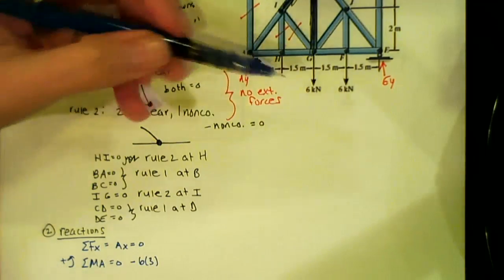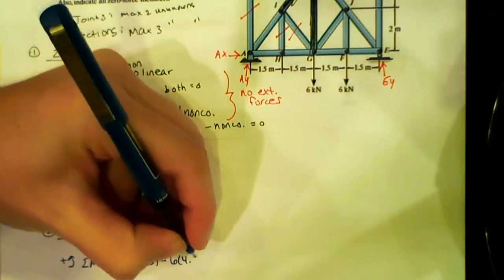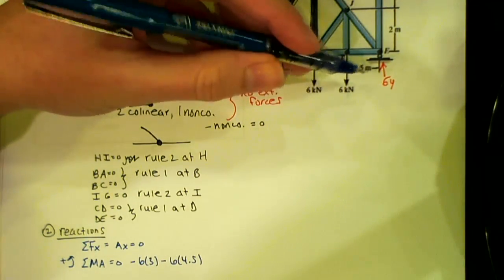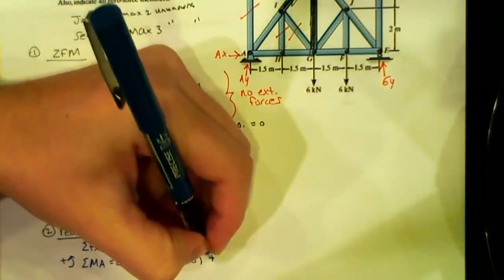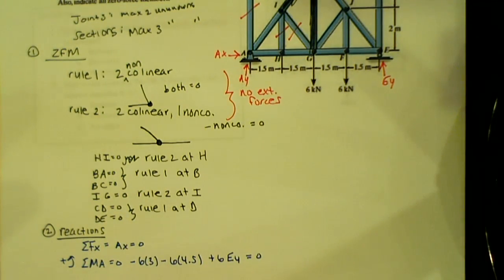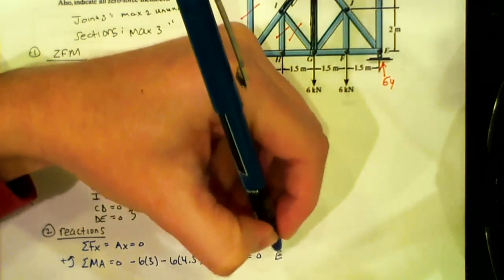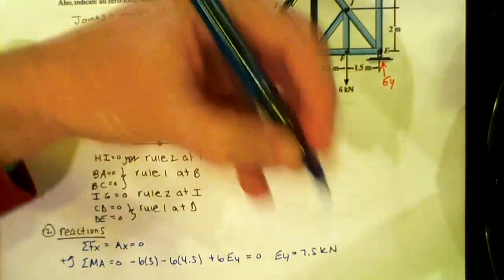Then we have 6 times 4.5, which is also negative. Then I have EY times 6, which is positive. So from this, I get EY is equal to 7.5 kilonewtons.